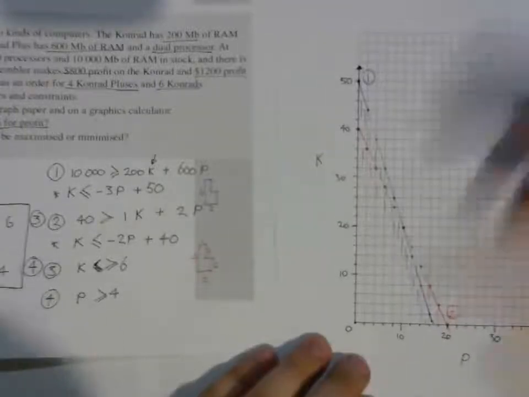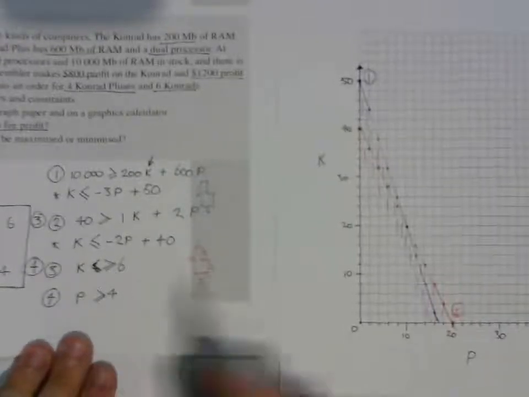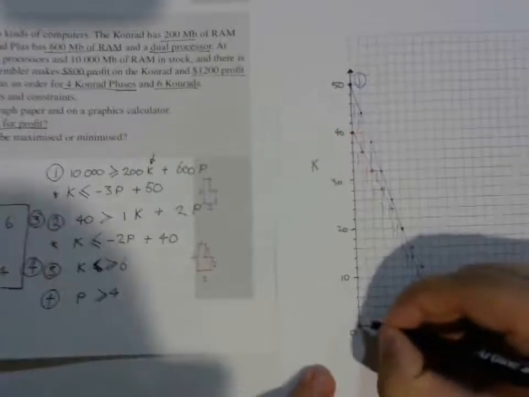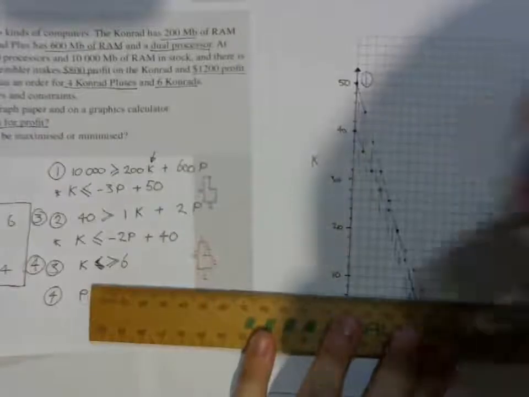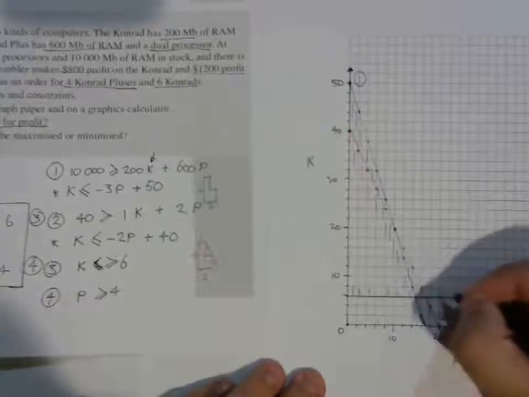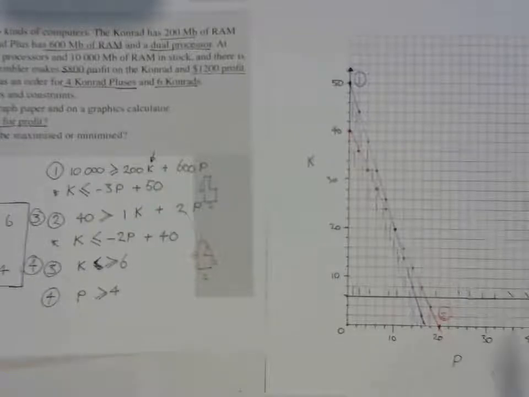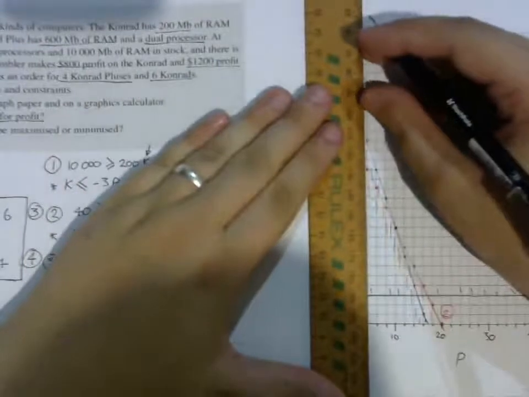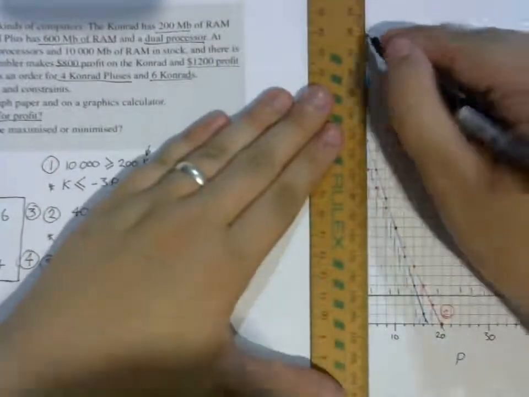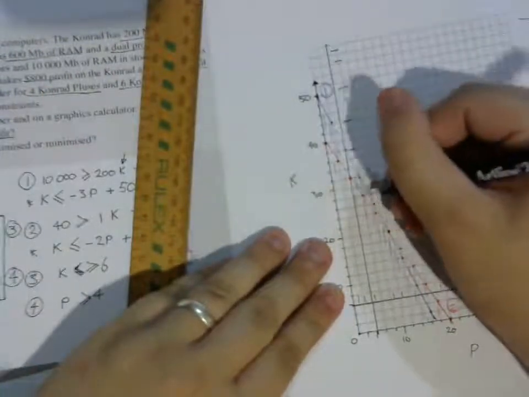Alright, 2 more inequalities. K has to be larger than or equal to 6. So I'm going to find K equals 6, I'm going to draw my line, and we need to be above this line. We also know that the number of Conrad pluses needs to be more than 4, and we need to be on this side of the line.